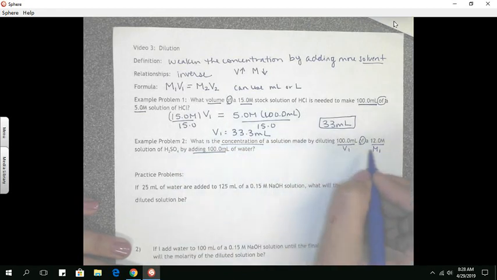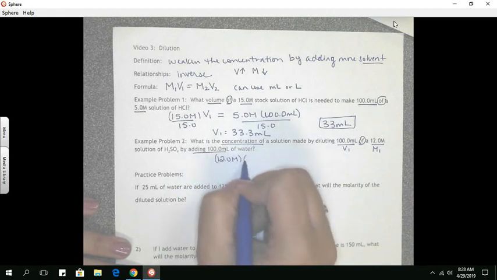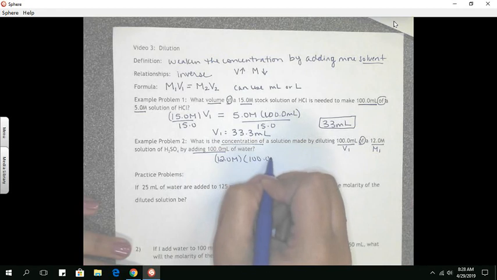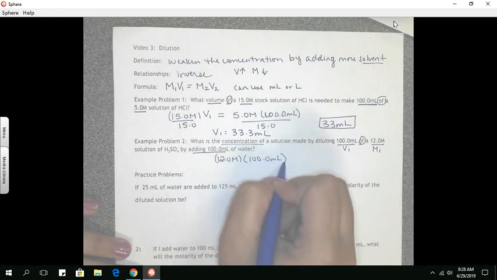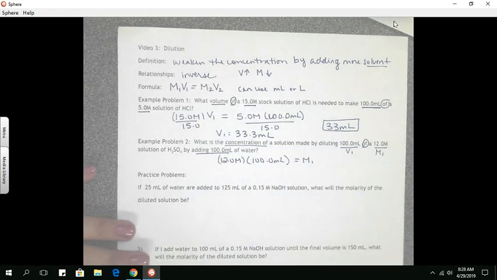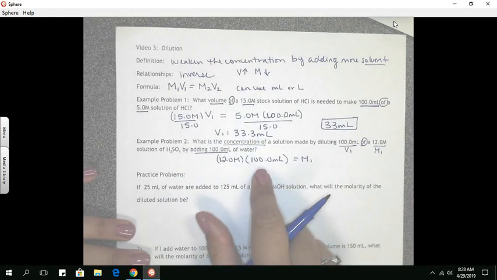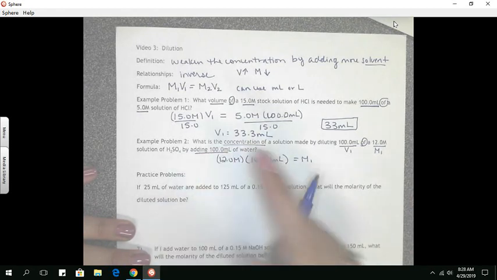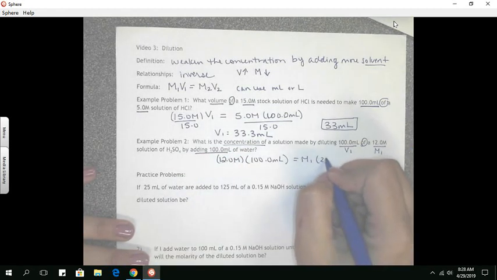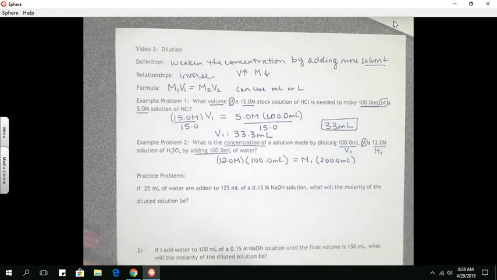So let's set up our proportion. We have a 12 molar solution times our 100 milliliters, and that's going to be equal to some new concentration, some new molarity. Now we've added 100. Since we started with 100 and we added 100, that means our final volume is now 200. So we have doubled our volume.